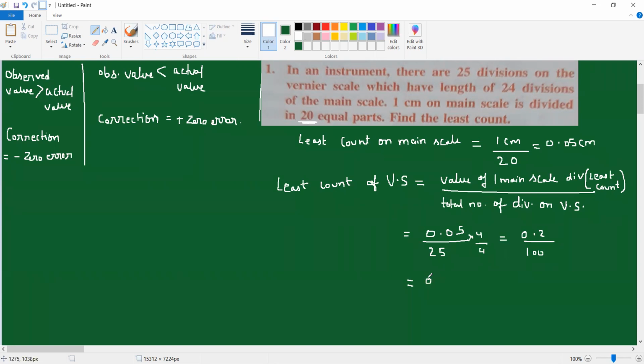This will be equal to 0.002 centimeter. This will be the least count on the Vernier scale. Understood? Is there any confusion? This is the answer.